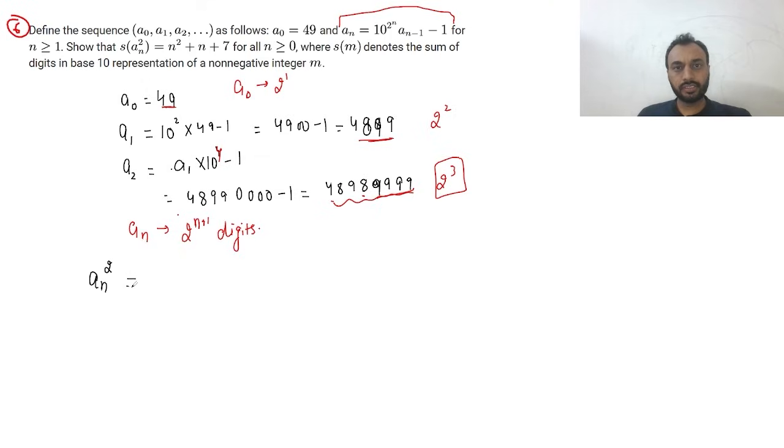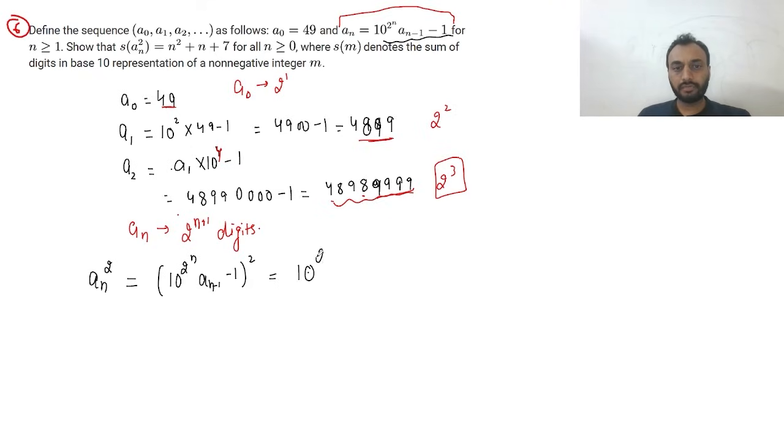So AN square will be equal to, applying (A minus B) square, (10 power 2 power n times AN minus 1 minus 1) square, that is A square plus B square minus 2AB.